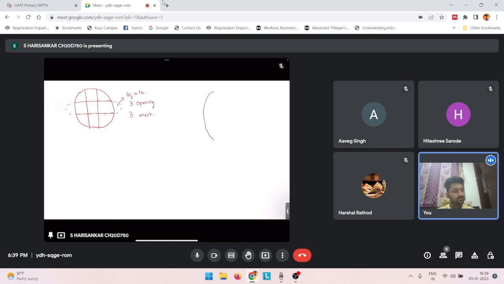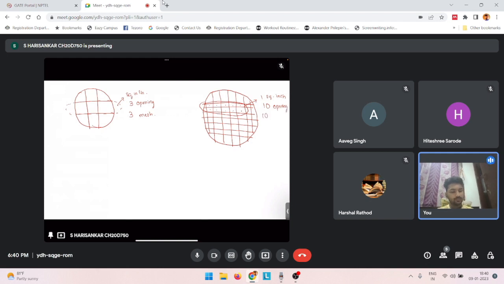And if you represent the same using a 10 mesh, so let us say 1 2 3 4 5, this area is 1 square inch and there are 10 openings for a 10 mesh.